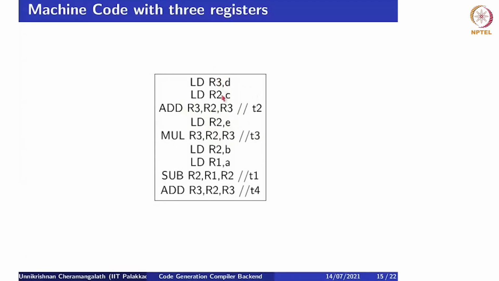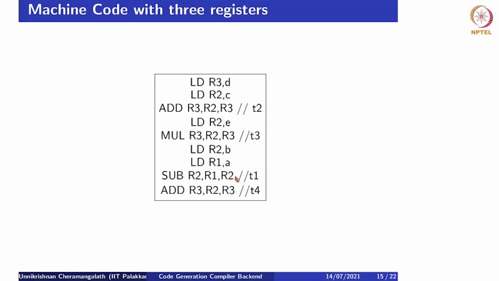Now T3 is done. Then you have to compute T1. Note that R3 is required for the next computation. So you load A and B into R2 and R1, then subtract R2, R1, R2.